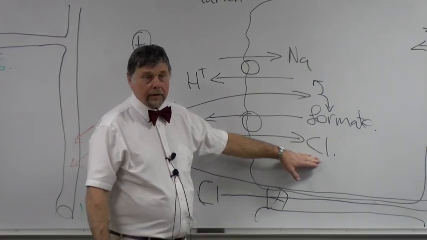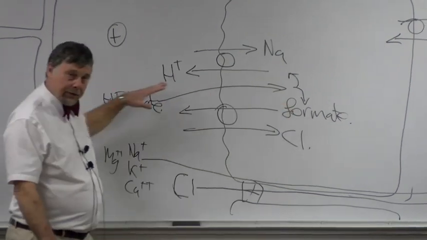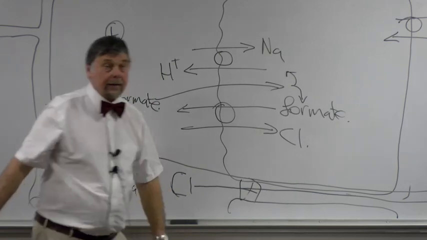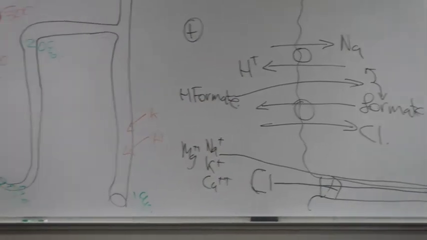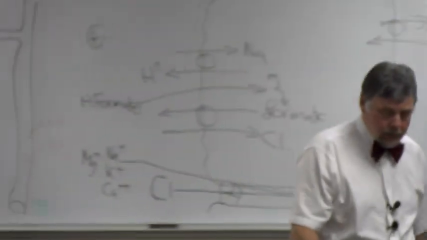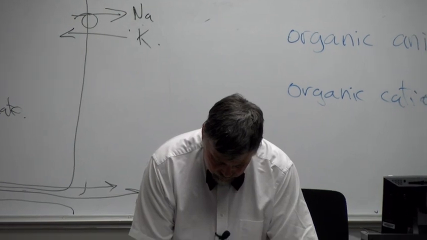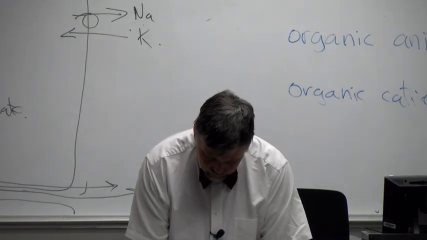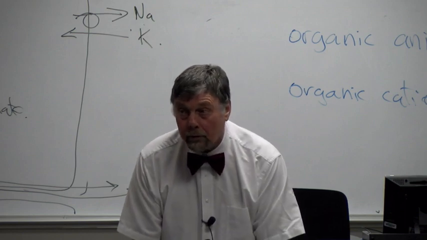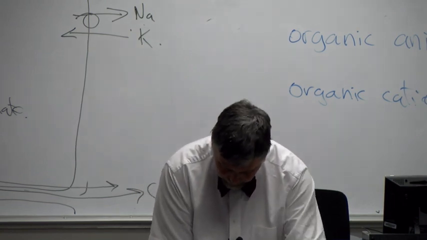Okay, low chloride in the cell. So the chloride is actually driving the formate out, and then the formate combines with the hydrogen ions and comes back again. Okay? Thank you. Good questions. Is there anything else to cover here? No, I think that's good. Make sense? And again, water follows because it's still a permeable epithelium. Okay.